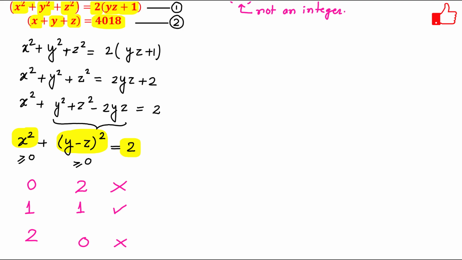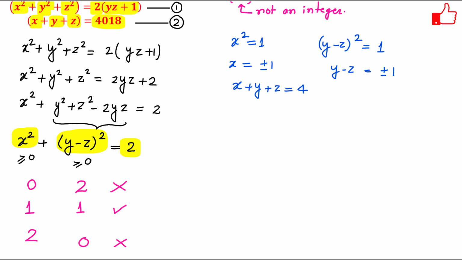Now let us take this case, when x² = 1 and (y − z)² is also equal to 1. This means x = ±1 and y − z = ±1. And from equation 2 we have x + y + z = 4018.